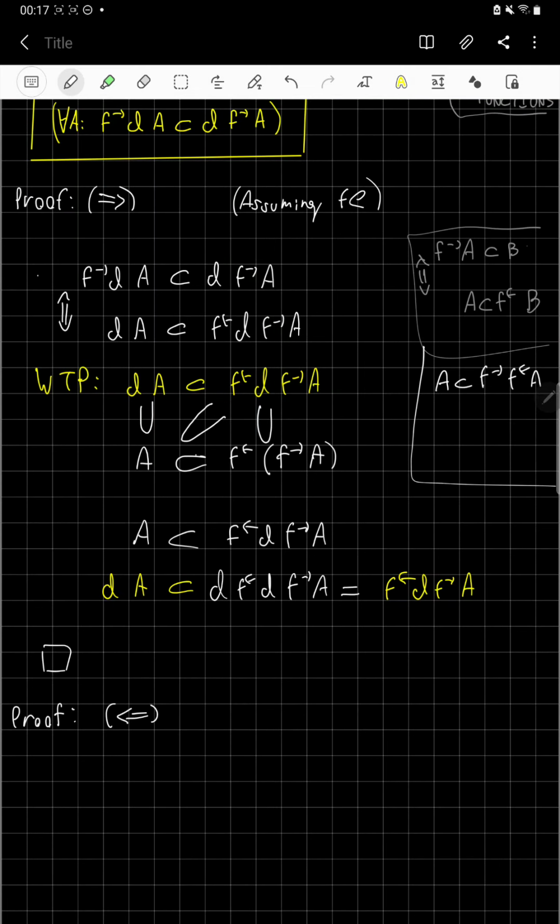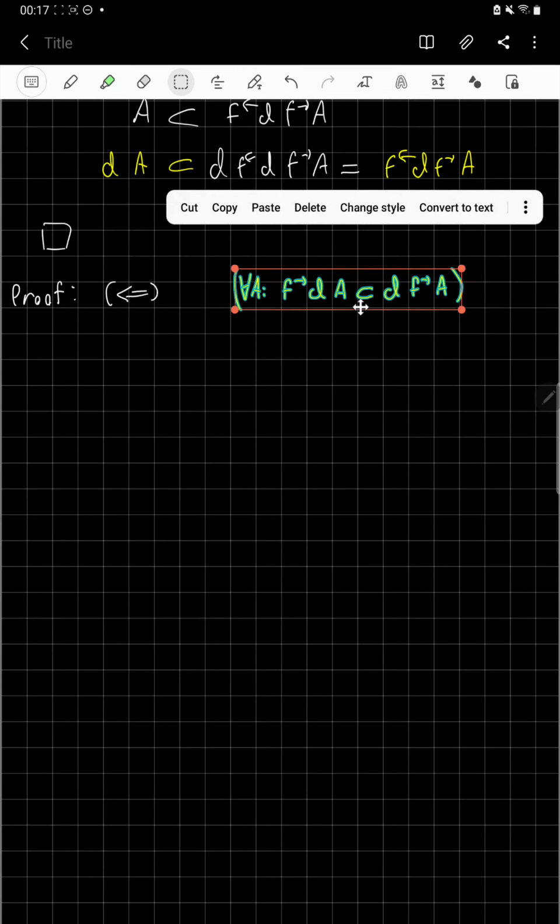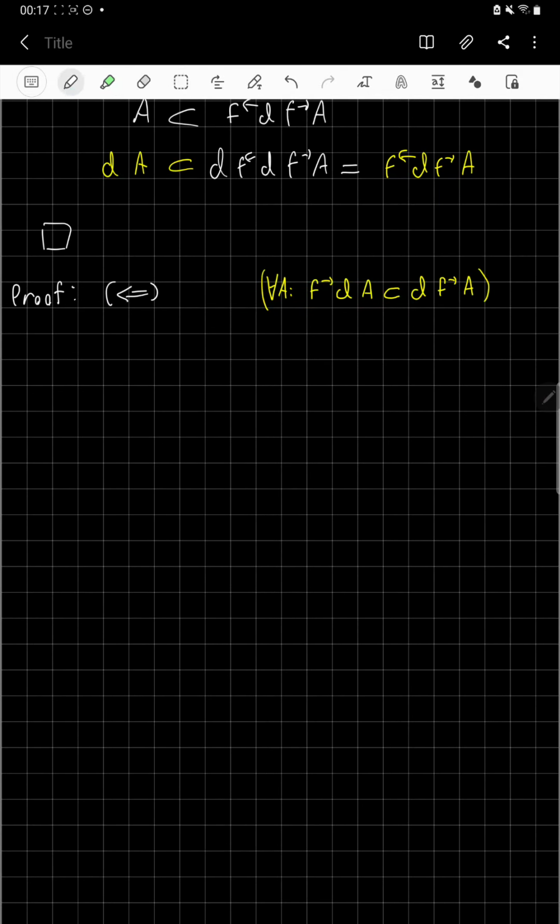So assuming this, we want to arrive at the fact that f is continuous. So we want to prove if B is closed, then the inverse image of B is closed. Okay, so let B be closed.